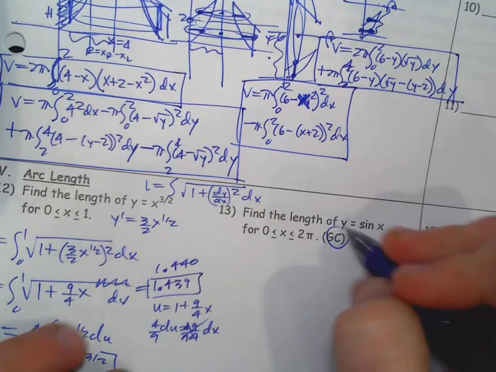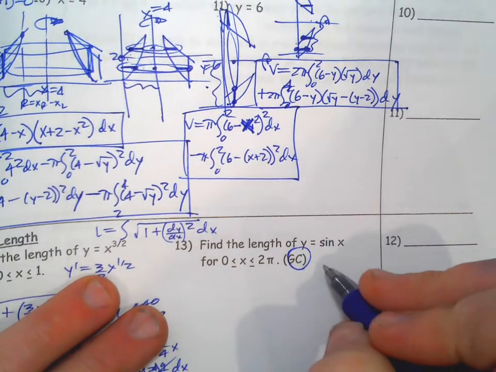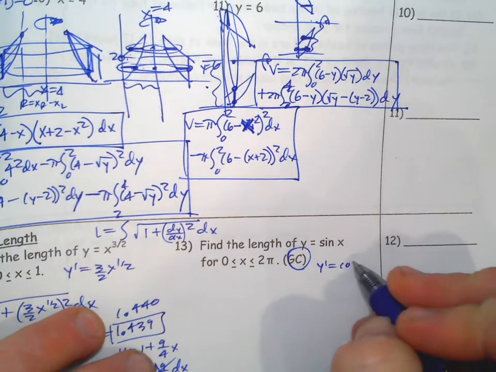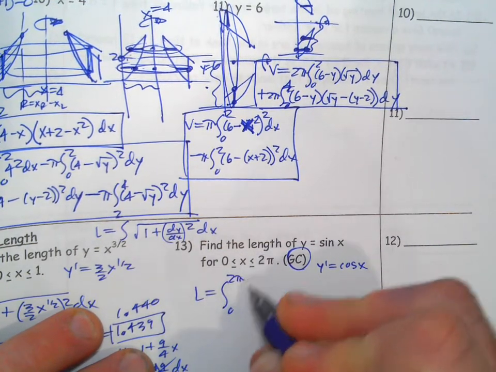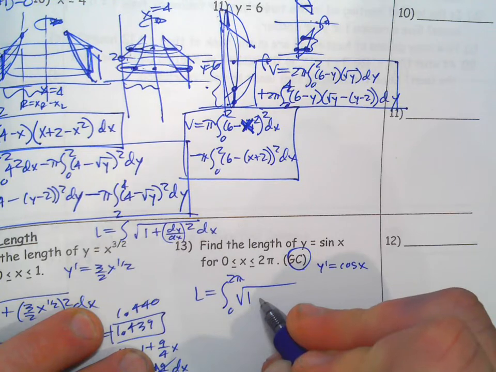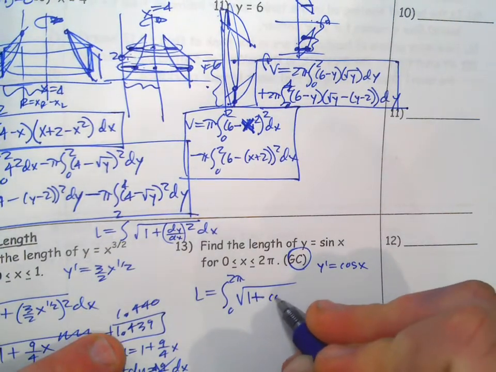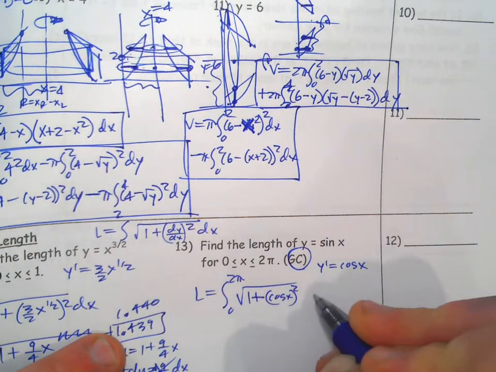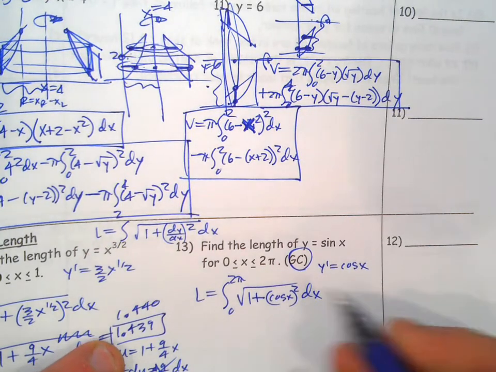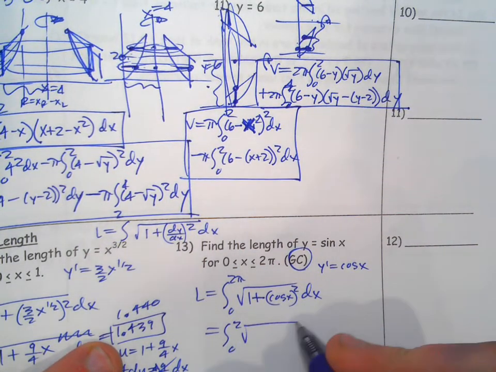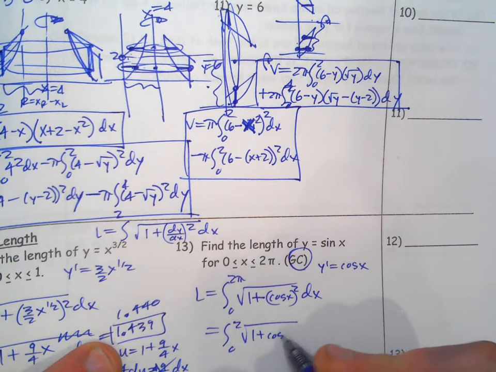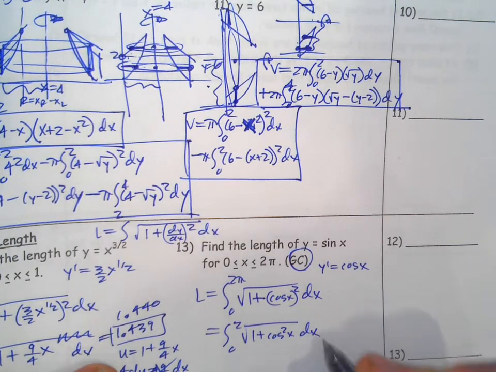Next one. You have to use a graphing calculator. Y prime is cosine x. Length is 0 to 2 pi. Square root of 1 plus the derivative squared. And you can't integrate this. So that's your setup.